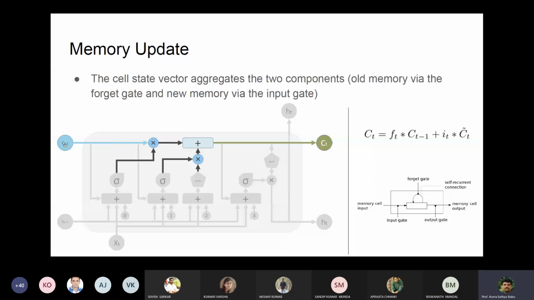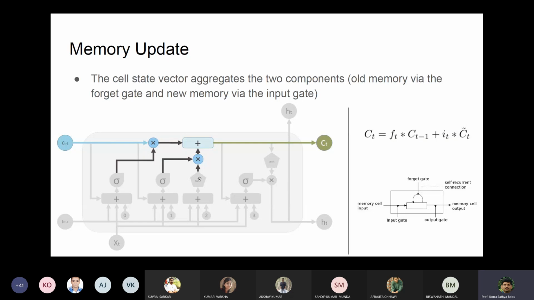This becomes the new state after the update. You apply the forget ft, then ct minus 1, then it and ct bar, and you get ct.